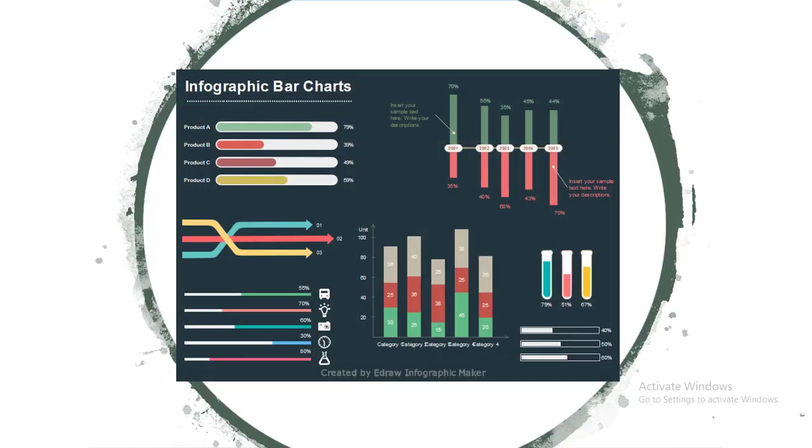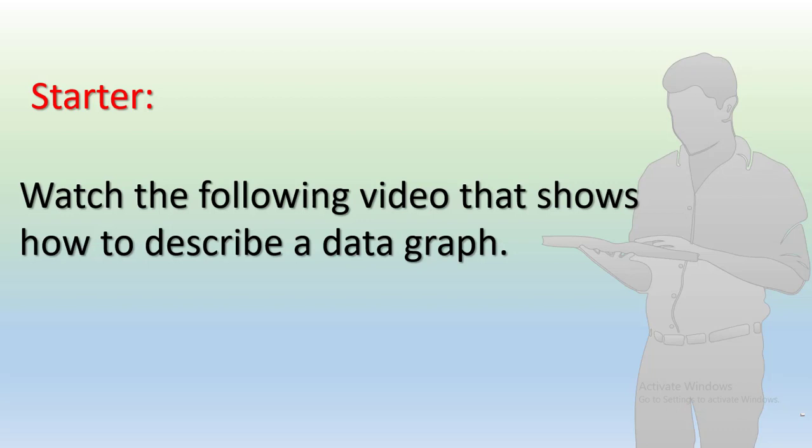They all have the same purpose, which is to show data in a simpler way for the eye of a listener or a reader. So as a starter, I suggest that you listen to this video, in which it is explained very simply why and how to do an explanation or a description of a chart.